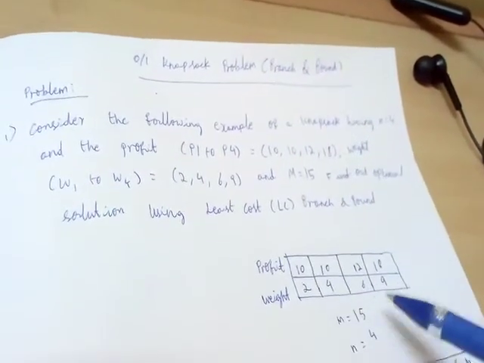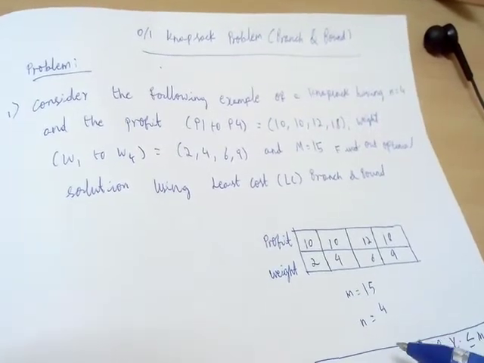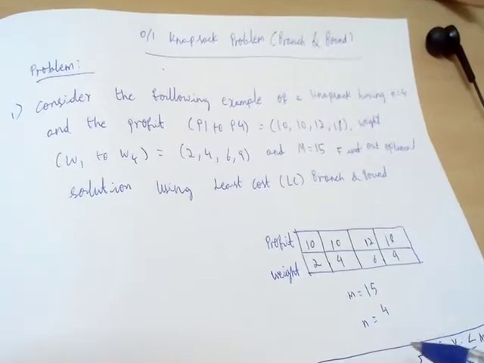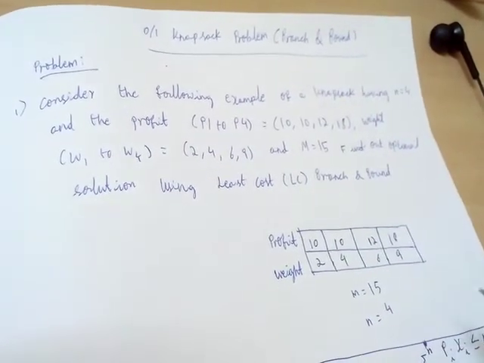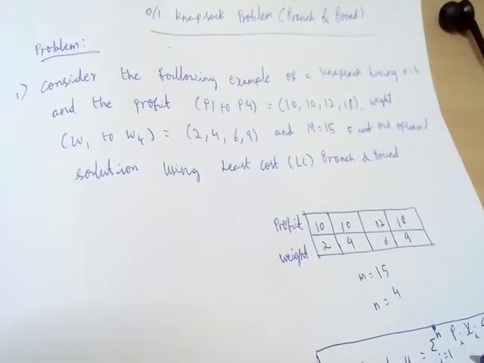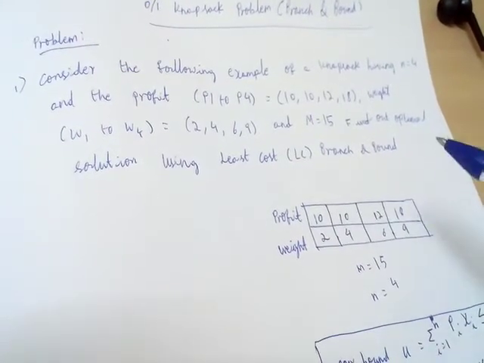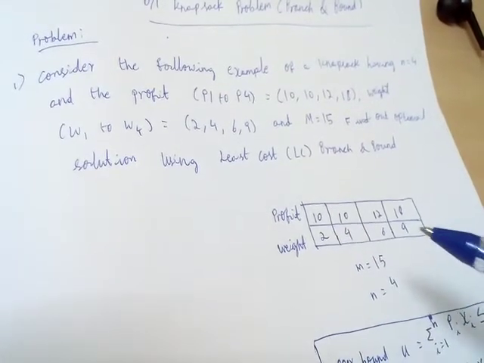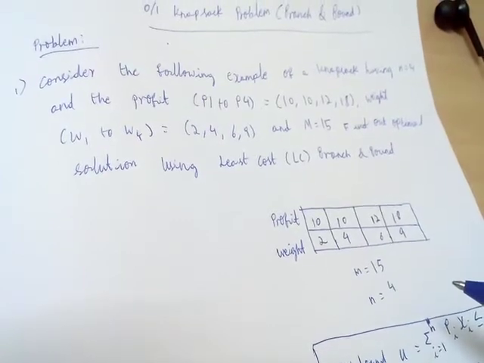Since we are using least cost, if you remember, in the previous example we used least cost branch and bound for solving the traveling salesman problem. That was a minimization problem. In traveling salesman, we find the path with least cost, where the salesman starts from a source city, visits the remaining cities, and returns to the source city.